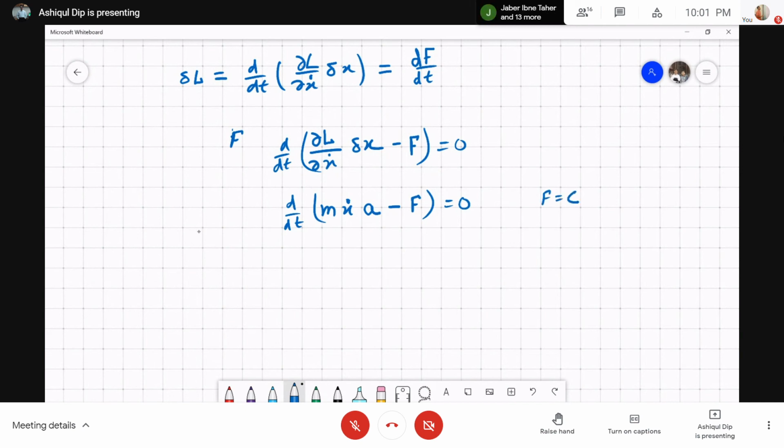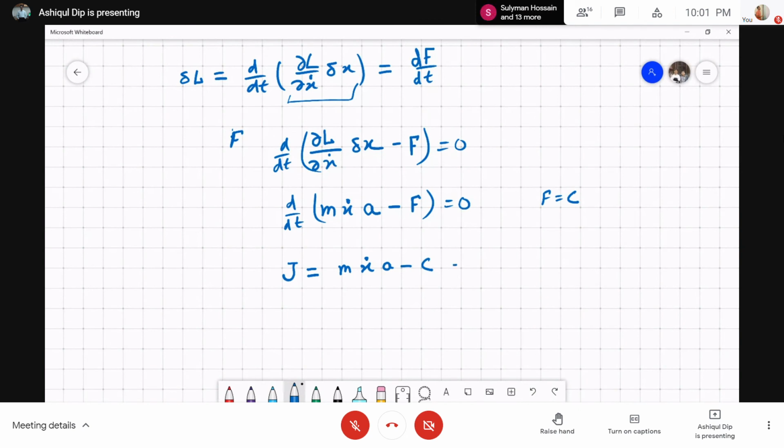Basically it's pretty trivial, that's why you cannot see many things. So this part becomes 0, and d/dt of what's inside automatically gives you a conserved quantity. Your conserved quantity j equals m x dot multiplied by a, which is a parameter, minus c.